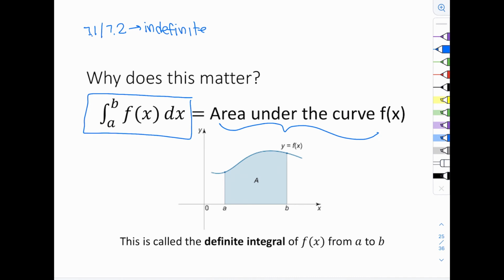The only difference is that with a definite integral, you'll see numbers on the integral symbol, and the numbers represent a specific starting point and end point. In the next section, we'll talk about how to integrate using those values. In this section, we're still focusing on finding just the area using geometry.